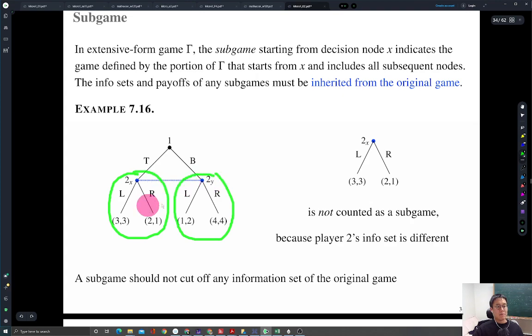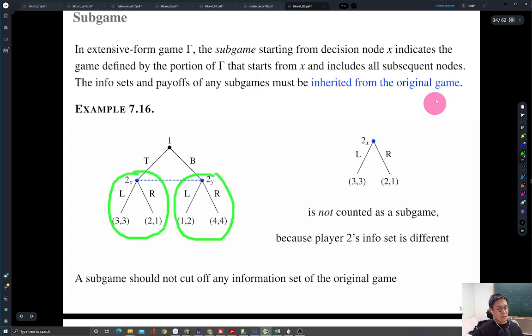But if we separate these two, treating each as a proper subgame, then we assume that player 2 can distinguish X and Y. It violates this condition: information sets must be inherited from the original game.